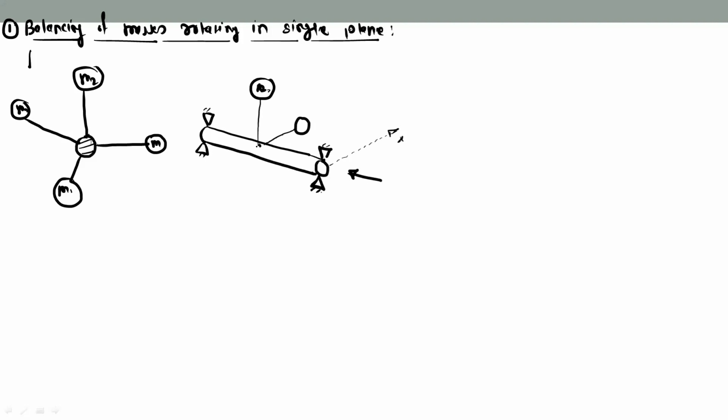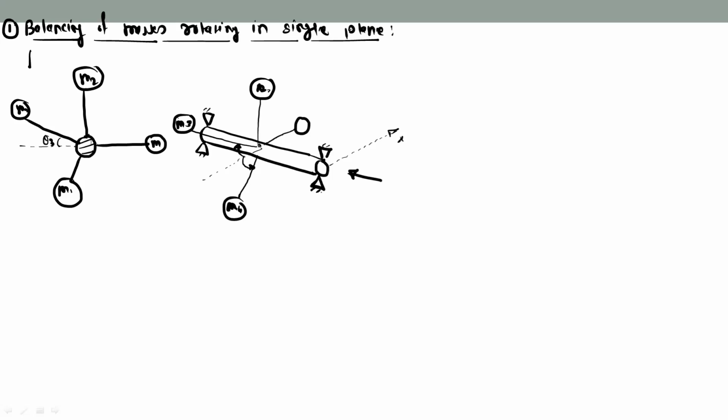The third mass is at some angle, so this is theta 3, and this is M3 and this is M4. So this is theta 3 and this is theta 4.